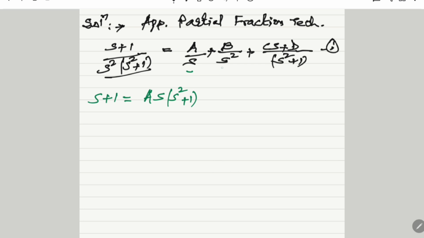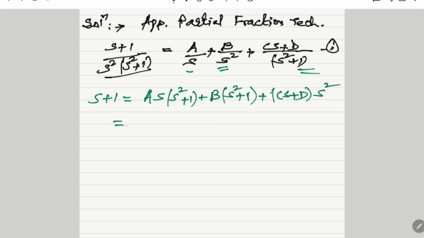Then when we divide by s square to this term, the remaining term is s square plus 1 only. Therefore, b multiplied by (s square plus 1). Then next we divide by s square plus 1 to the product s square into (s square plus 1). The remaining term is s square only. Therefore, it is (cs plus d) multiplied by s square.